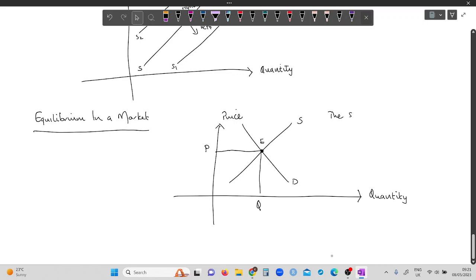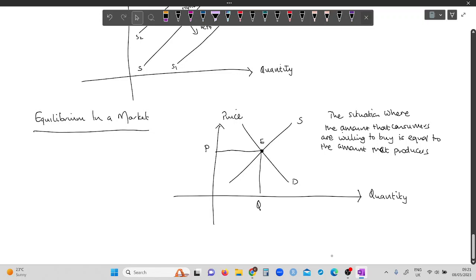So, the situation where the amount that consumers are willing to buy is equal to the amount, and not only the amount, it's also the price, the amount and price that producers are planning to sell.